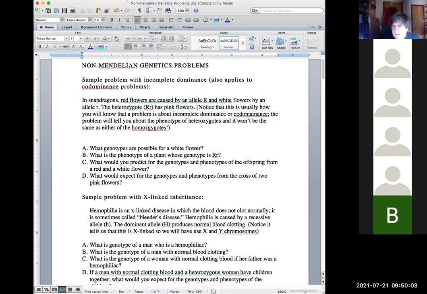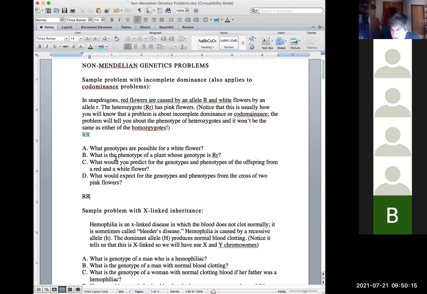Now, depending on how you like to do problems, I always think that, especially with these, but sometimes with genetic problems in general, I sometimes think it's a good idea to kind of write down what you're given at the beginning.